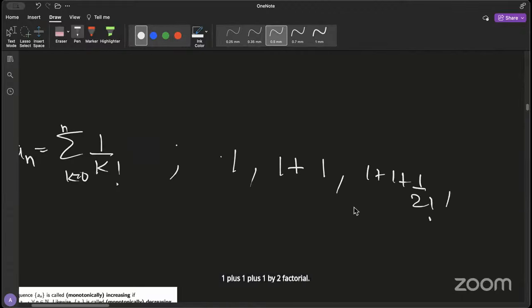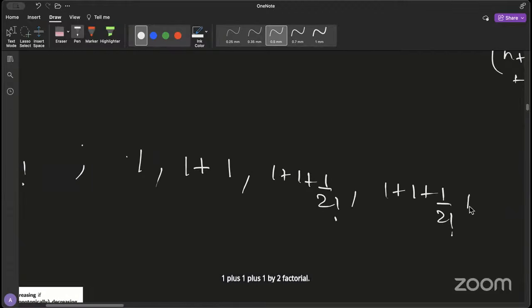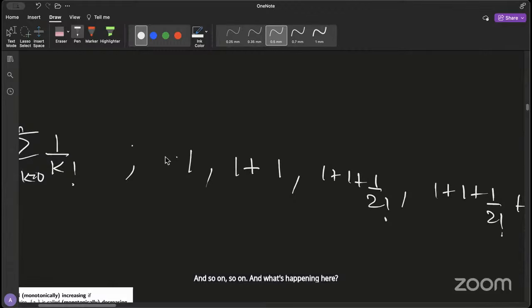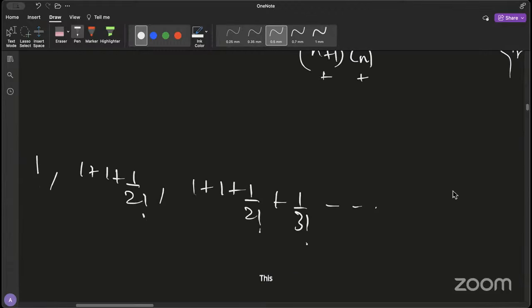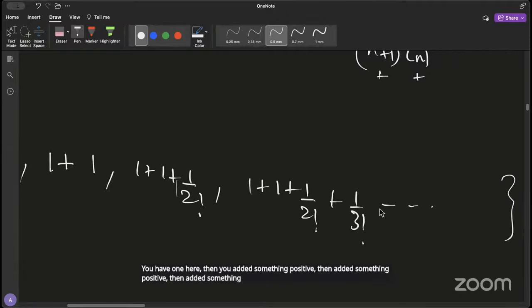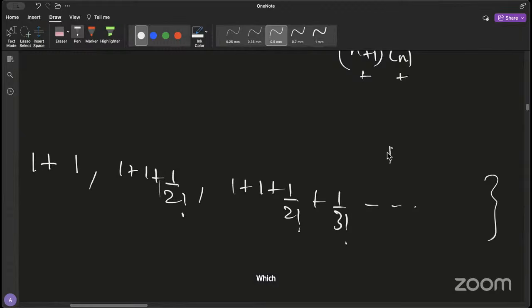Then the next term will be 1 plus 1 plus 1 by 2 factorial plus 1 by 3 factorial, and so on. Now what's happening here? This is your sequence. You have 1 here, then you added something positive, then added something positive, then added something positive. So each time you're adding something positive, which means your sequence should be increasing, right?